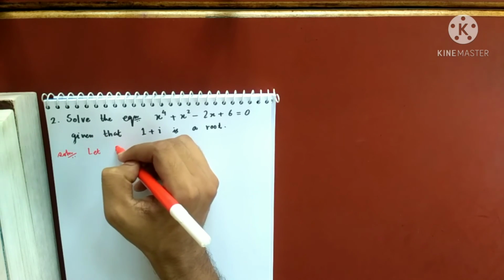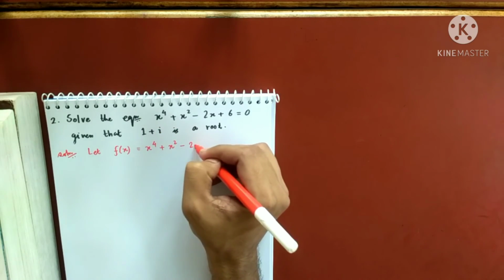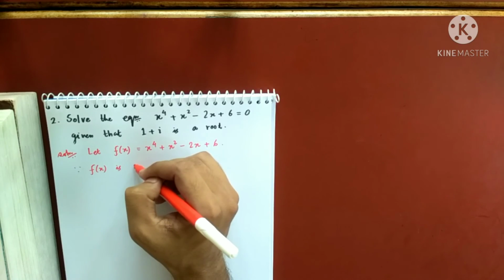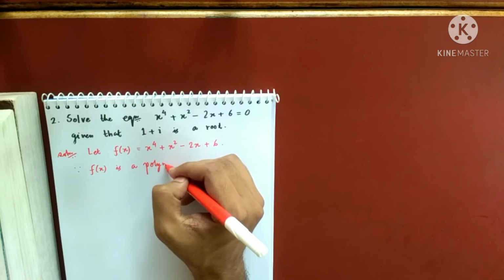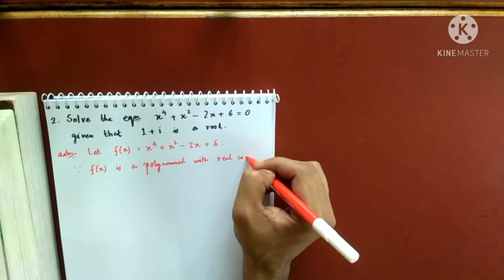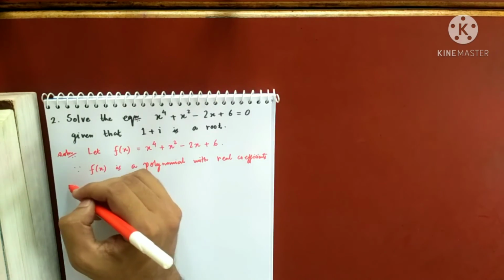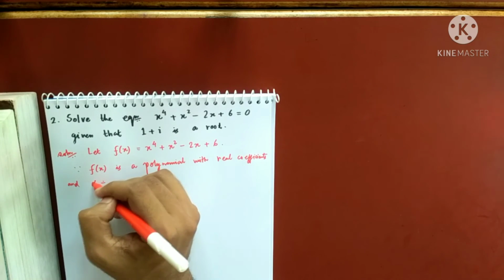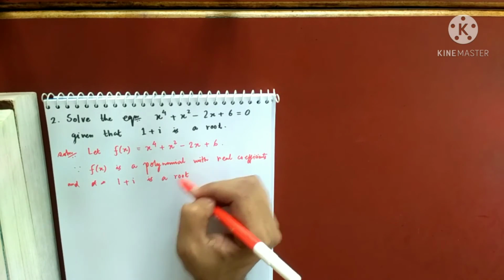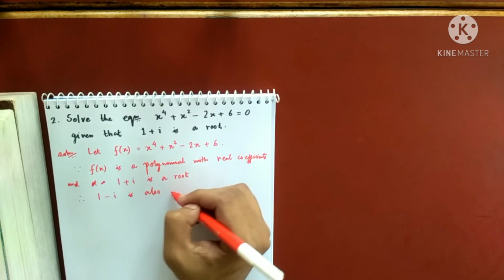So I'll write exactly what I said. Let me call this function f(x) equals x to the power 4 plus x square minus 2x plus 6. Since f(x) is a polynomial with real coefficients and 1 plus i is a root, therefore 1 minus i is also a root.